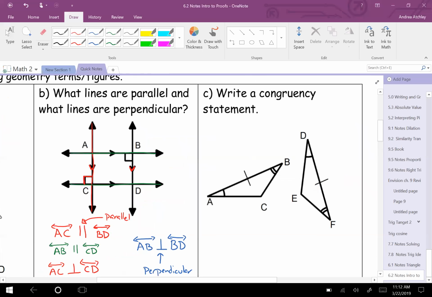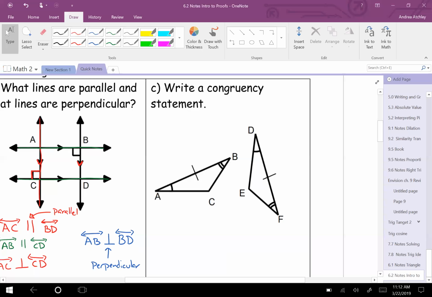Now congruency, we talked about similarity, and congruency and similarity are kind of the same. Congruent means they're all equal, but you use the congruency statement the same. Okay. Brandon, can you name this triangle for me?